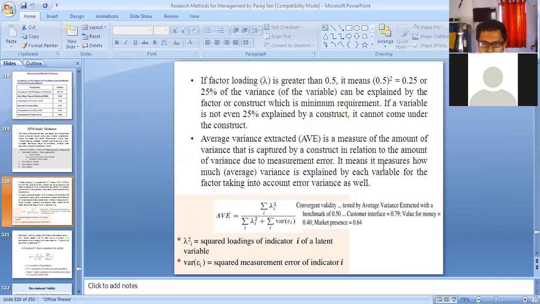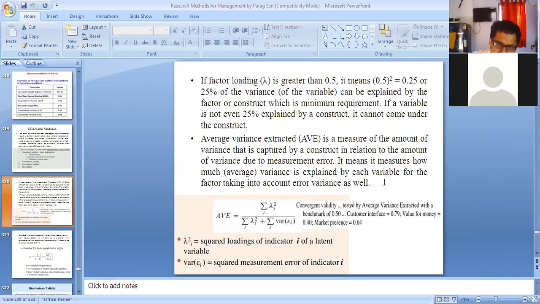It means it measures how much average variance is explained by each variable for the factor, taking into account error variances as well.